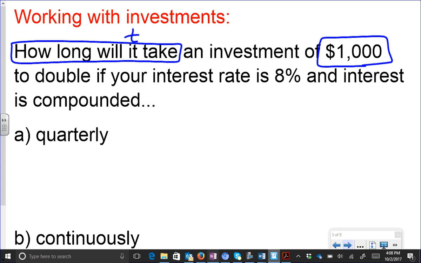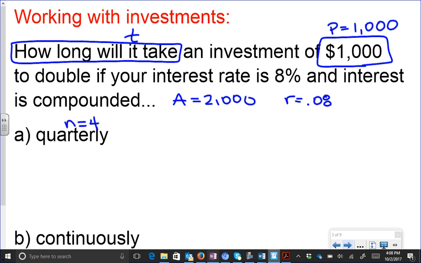We are investing $1,000, that means P is 1,000. If we want our investment to double, the amount is going to be 2,000. Our rate is 0.08. Remember, you do have to convert that to a decimal. And if we're doing this quarterly, that means n is 4. It's happening 4 times a year.